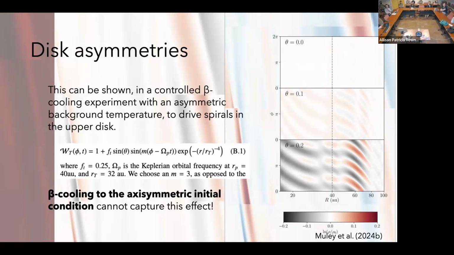If you have beta cooling to some axisymmetric initial condition, you cannot capture this effect. Well, in this case, it is beta cooling to a non-axisymmetric initial condition. But the point with three temperatures is that this azimuthal asymmetry developed naturally as a consequence of disk-planet interaction. It wasn't something that we put in.